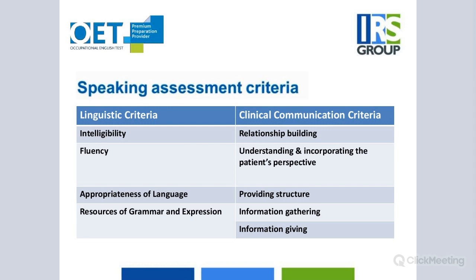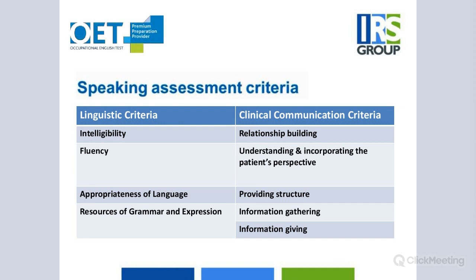You tell them, "We will be talking about this, and this." So the person listening understands the things you are going to talk to them about. By doing this, you're providing a structure. This is one thing OET is going to assess you on.